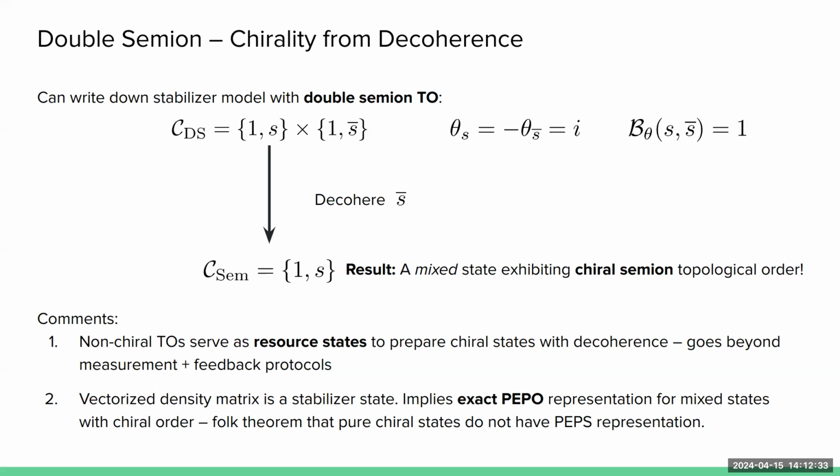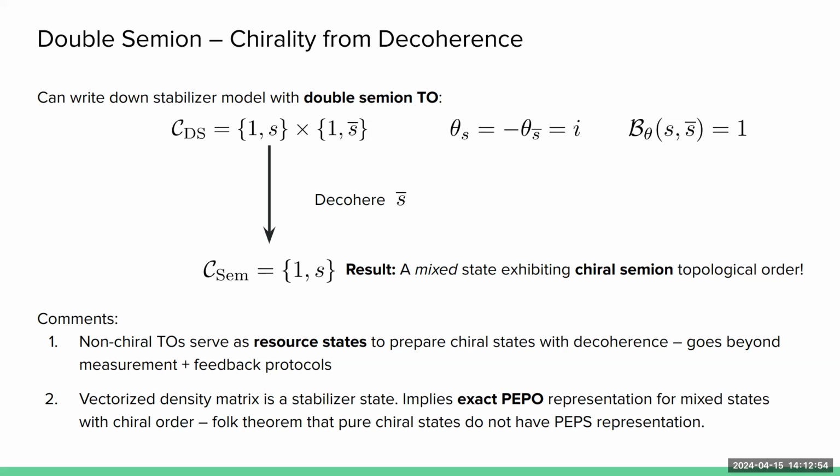Just to clarify, when you say you've realized a certain kind of topological order in a mixed state, what does that actually mean? Like, what's the definition of a mixed state realizing a particular kind of pure state?